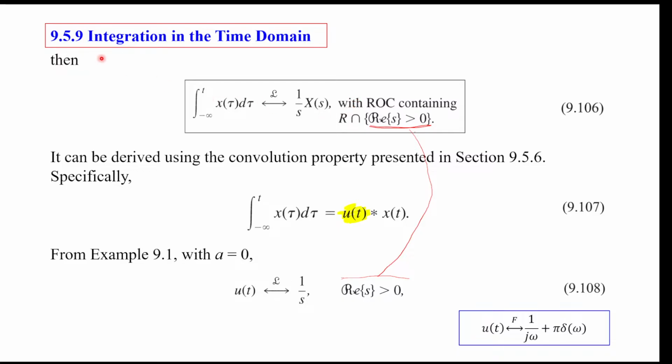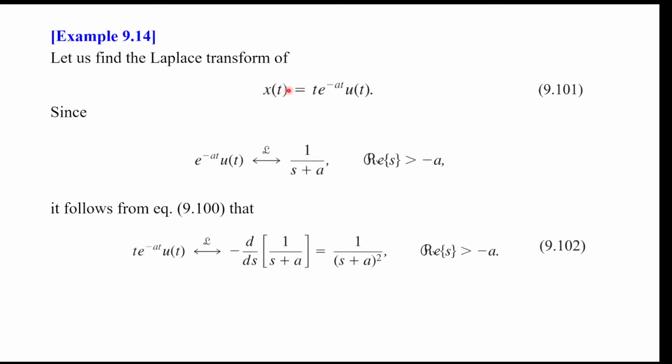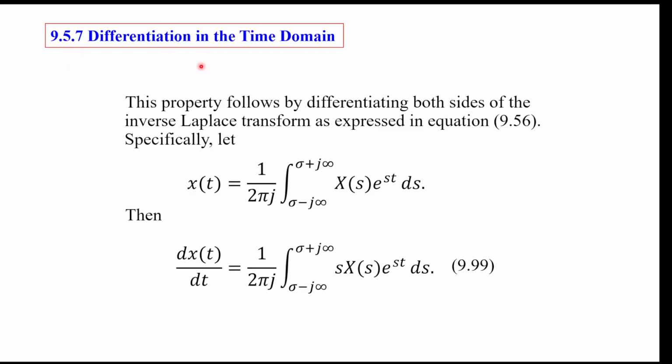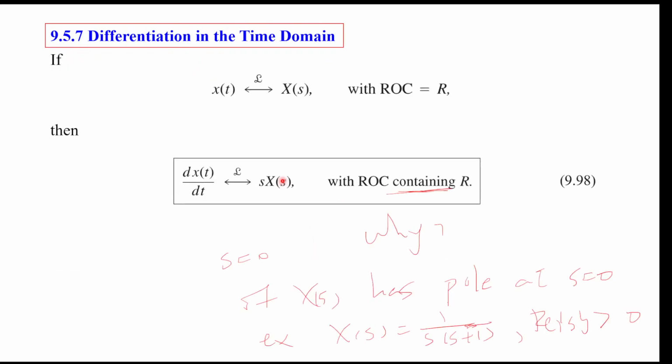But instead, in the Laplace transform, you see that the integration and the differentiation are very nice reversals of each other. Differentiation in the time domain gives you multiplication by s, and then integration in the time domain gives you 1 over s.